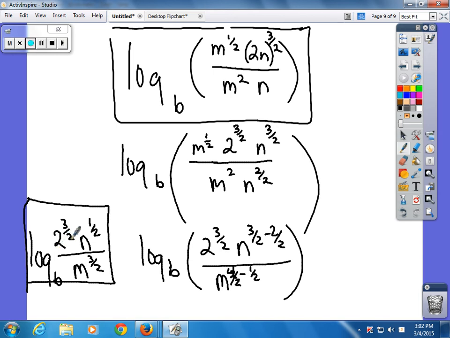That would be the square root of 2 to the 3rd, which is the square root of 8. So log base b of the square root of 8n over the square root of m to the 3rd. So that's another possible answer.